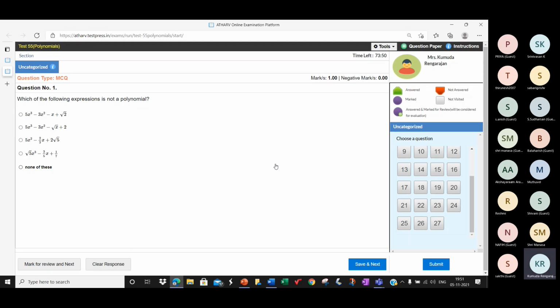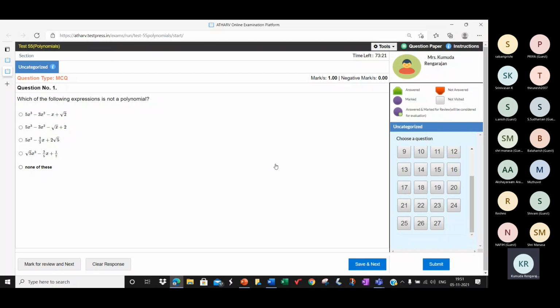Non-negative integral power, which means whole number. The power of the variable should be a non-negative integral power. Sometimes we forget what it means, so we have to break it down one by one: non-negative, integral, and then power. Simple, whole numbers. The power of the variable involved must be a whole number in every term.